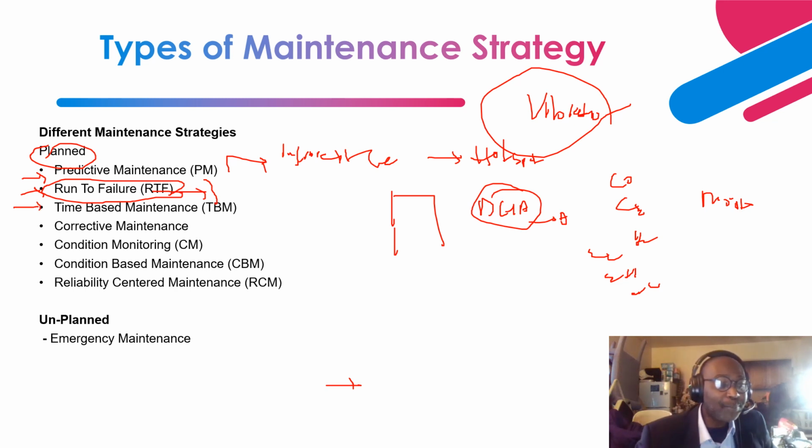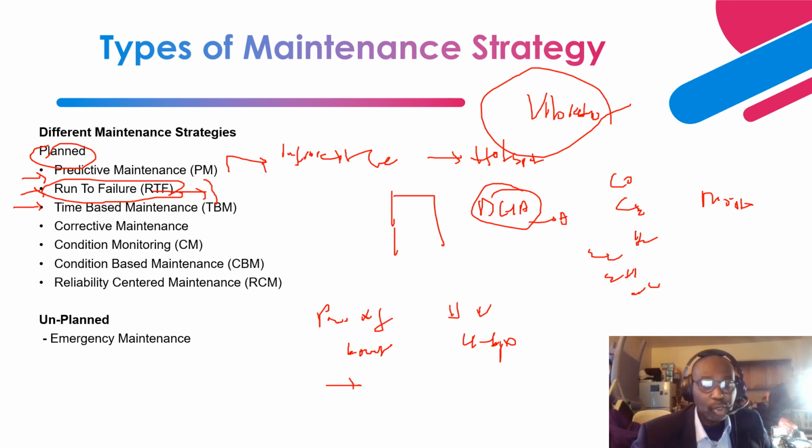Next is time-based maintenance. Time-based maintenance is basically based on a fixed cycle, right? To give you an example, for power transformers, usually the time-based maintenance is a 6-year cycle. For a high voltage circuit breaker, it is between 4 to 6 years. This one is called major maintenance, major outage, or major overhaul, right?